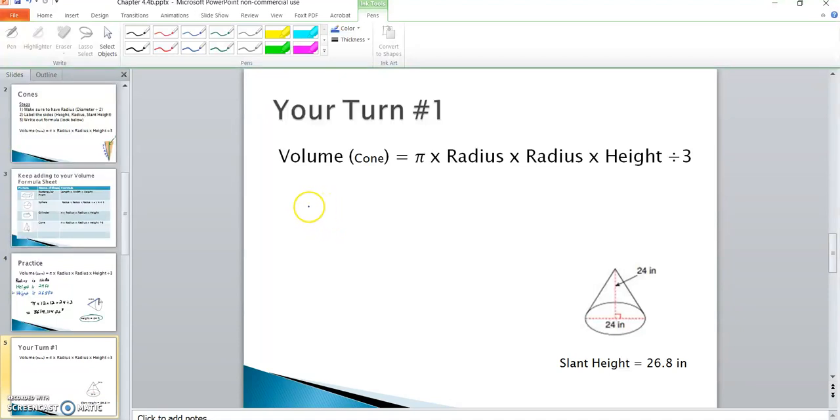So I'd like you to start off by finding out the radius and listing the height and the slant height. So go ahead and do that. Okay, so in this one, they actually give us the diameter because it goes across the whole circle. So we go 24 divided by 2, which is 12.